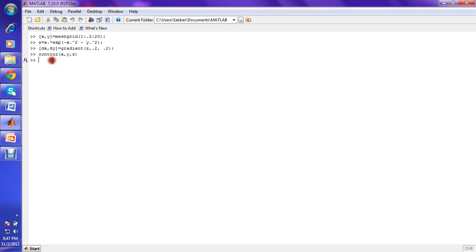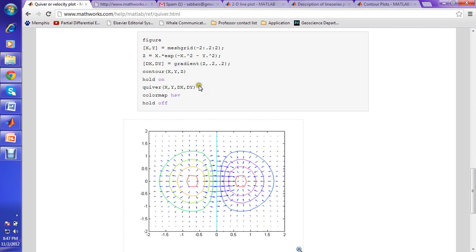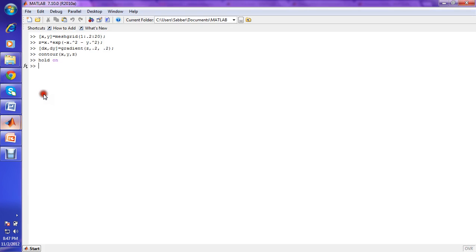So we hold this on, then we want to plot the quiver function, right? Quiver function, so we need x, we need y, and we need dx, and we need dy, okay.